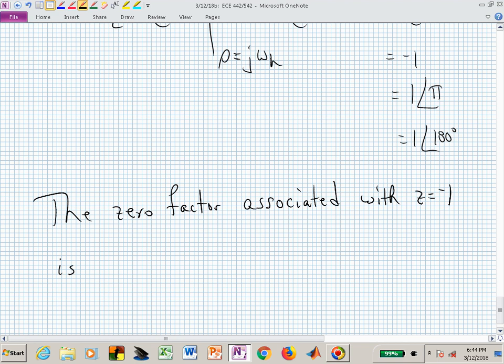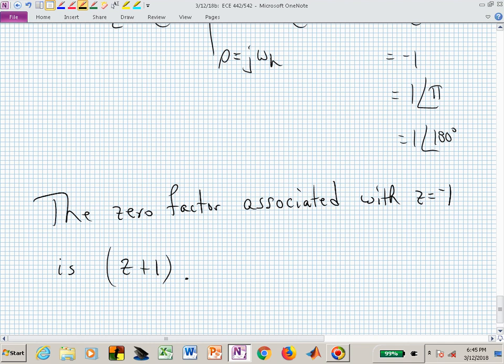We can just add 1 to both sides of that equation and we get z plus 1 is equal to 0, and that's actually the factor we need. So this factor, z plus 1, has a root when z is equal to -1, and that's why all of these zeros at infinity we want to map to factors that are equal to z plus 1.